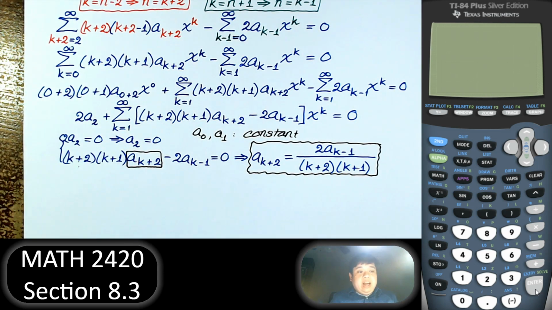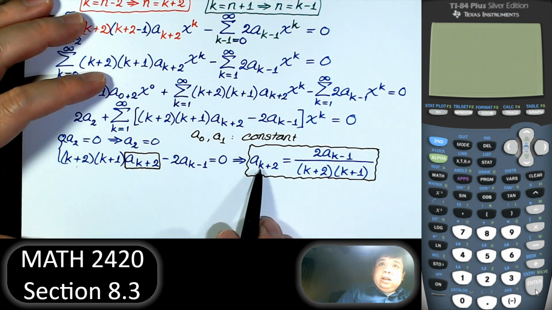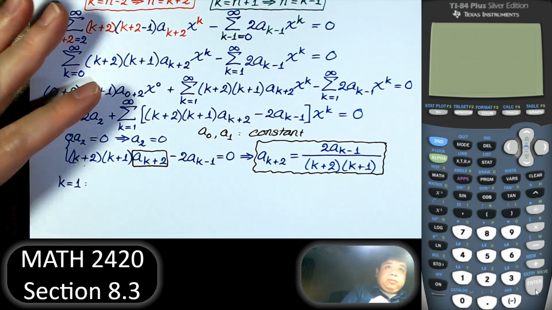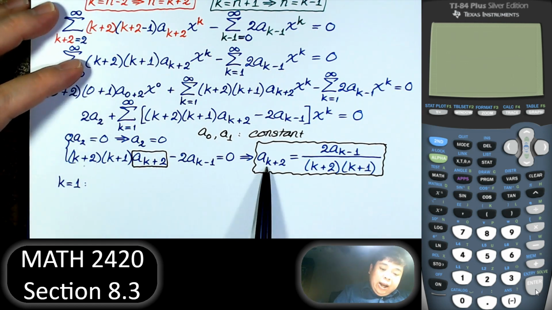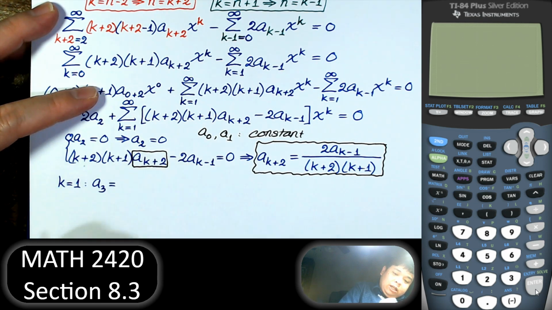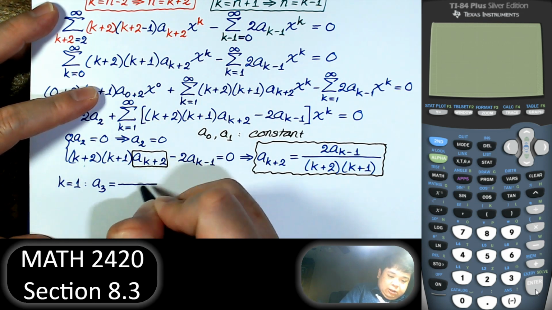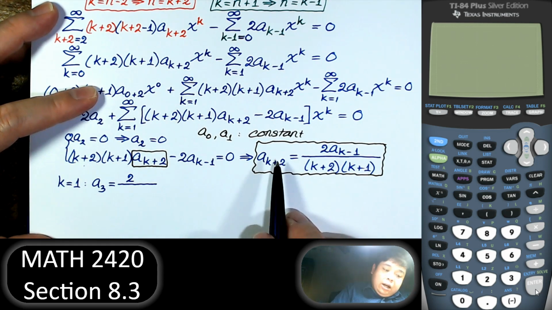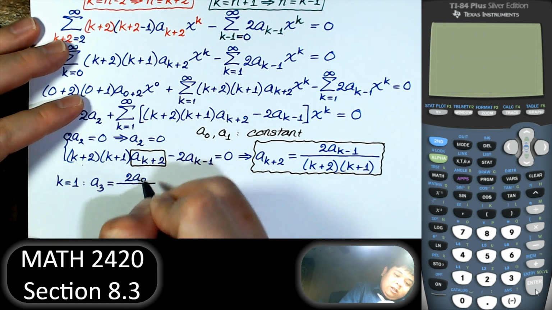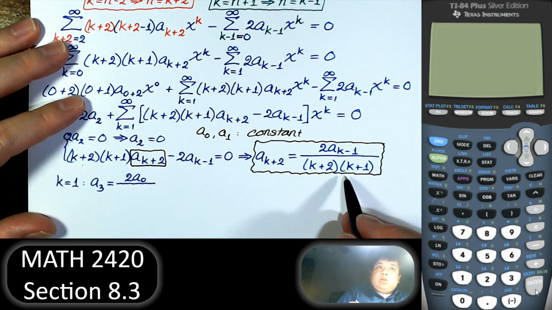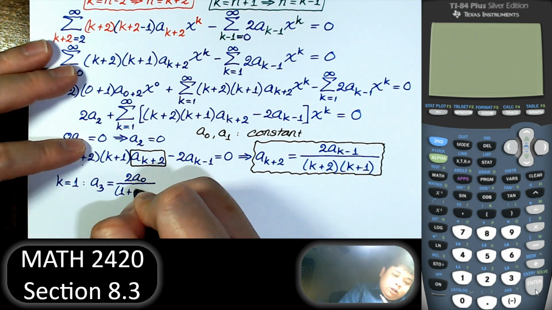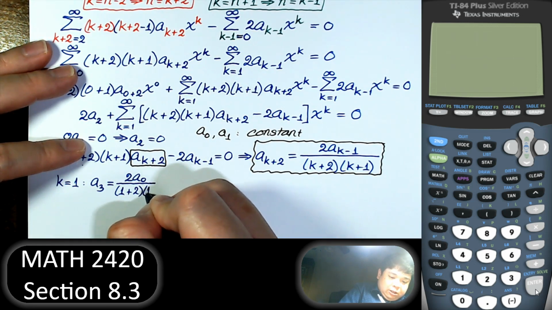Now we need to have a3. To get a3, k has to be equal to 1. So k equal to 1. We're going to put 1 in for k. That gives us a3 equal to 2, k is equal to 1, so 1 minus 1, a naught, over k plus 2, k plus 1, k is equal to 1: 1 plus 2, 1 plus 1.